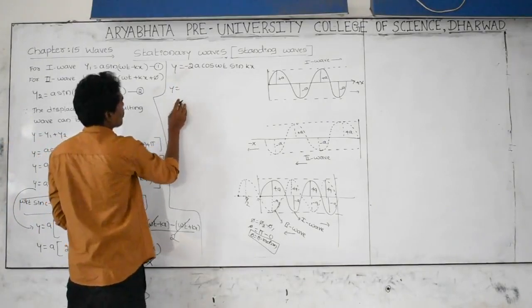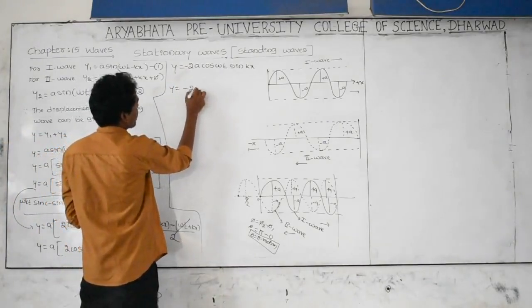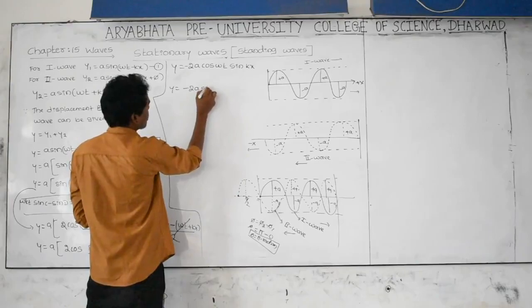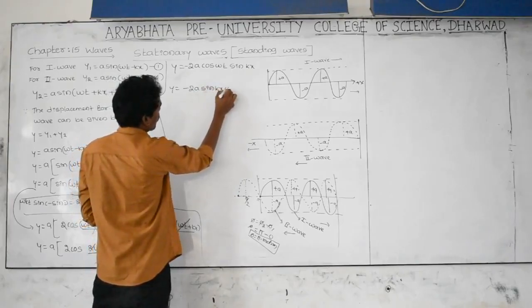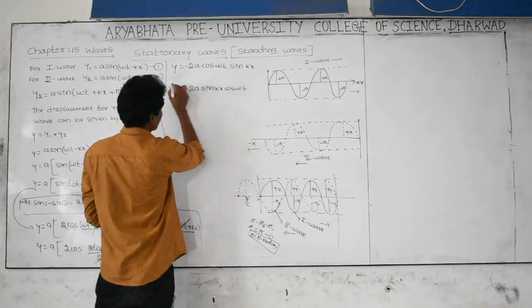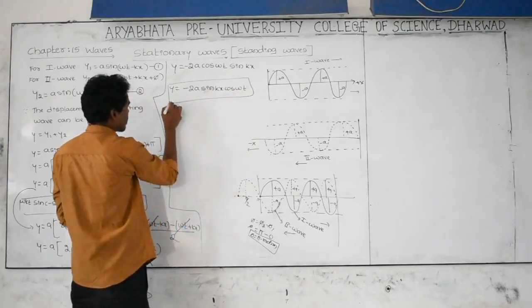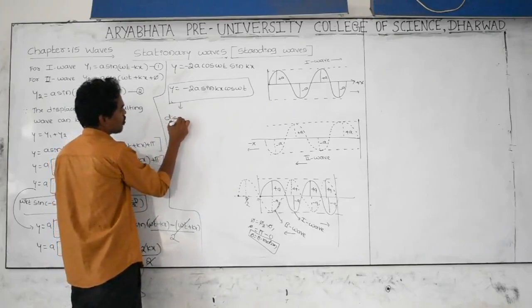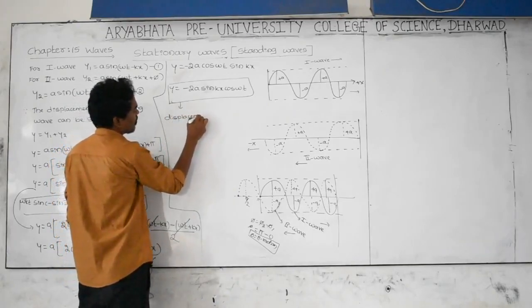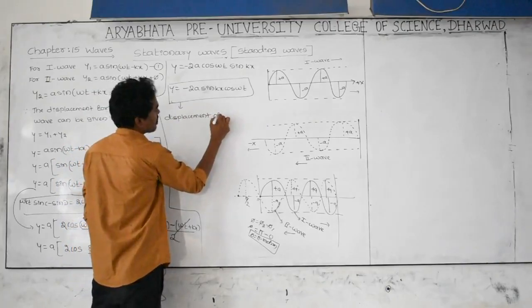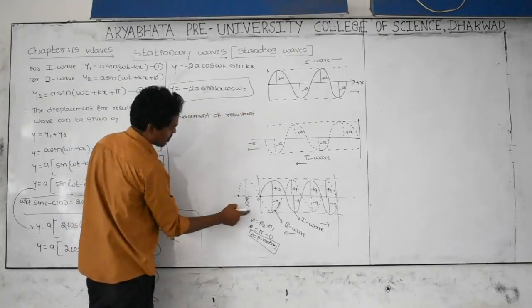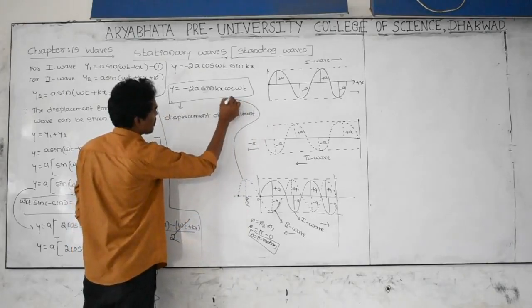Therefore y is equal to minus 2a sin kx cos omega t. This is the final equation. This equation is the displacement of the resultant wave. What is the resultant wave? That is a stationary wave.